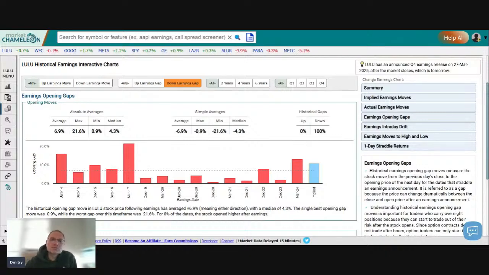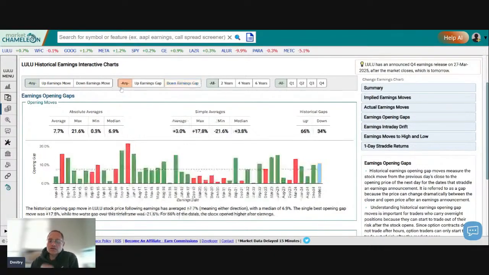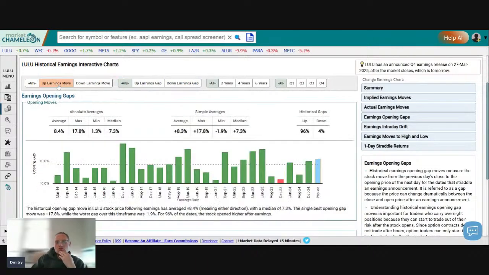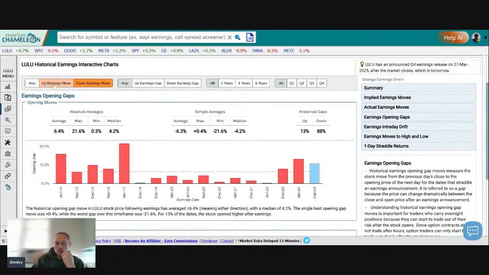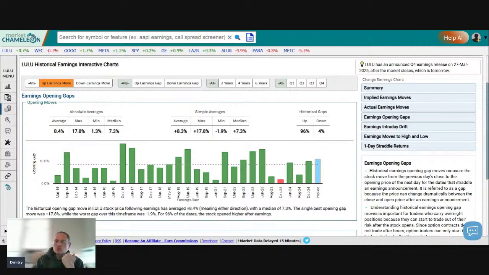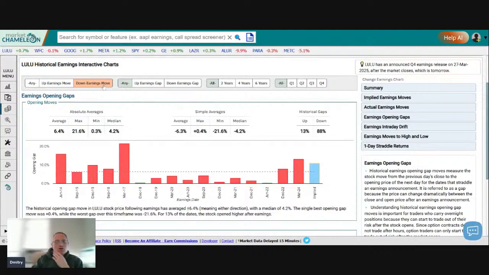Okay, let's go back to any now. This here shows us when the entire move for the day was up versus the entire move for the day was down. So here we could see that even on down moves for the entire day, sometimes you get an opening up gap.